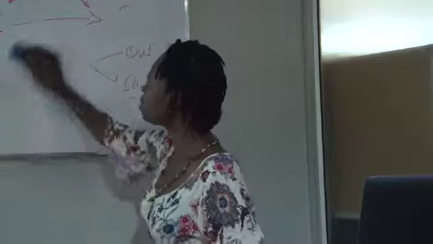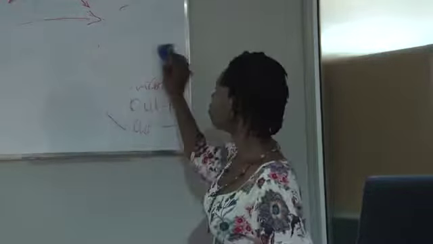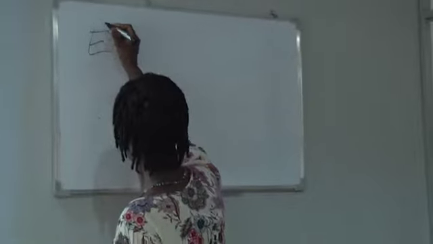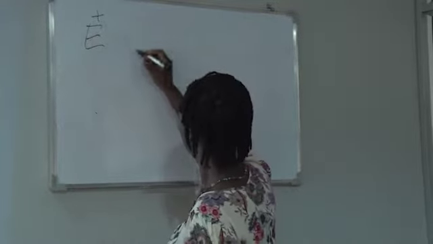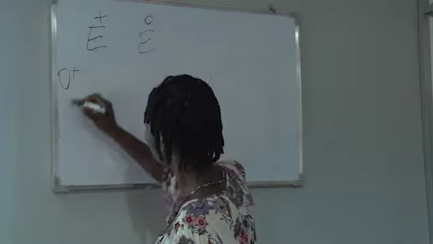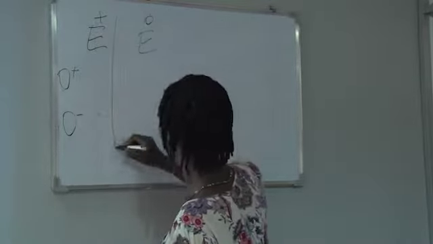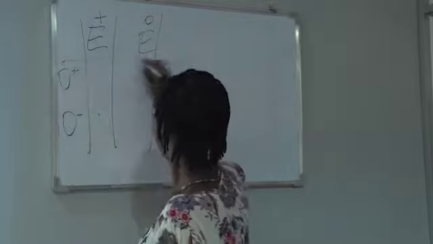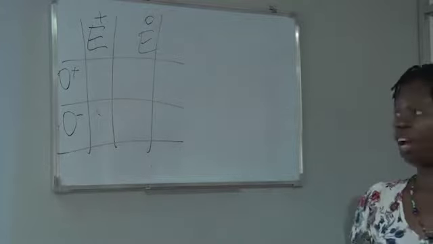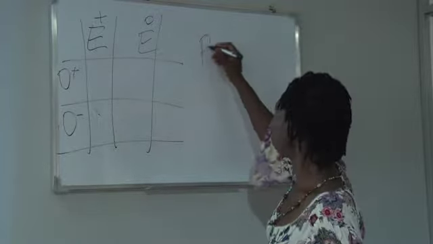One group was exposed, the other group was not exposed, and then we make our 2x2 tables. Exposed yes, exposed no, has outcome yes, has outcome no.